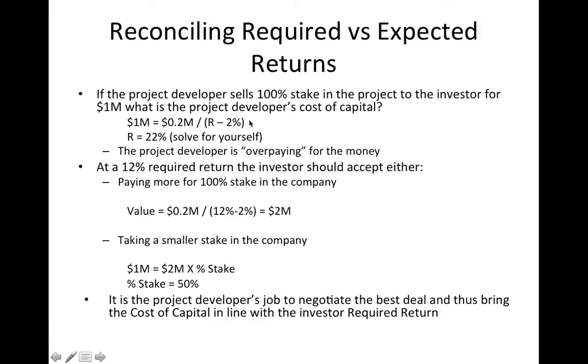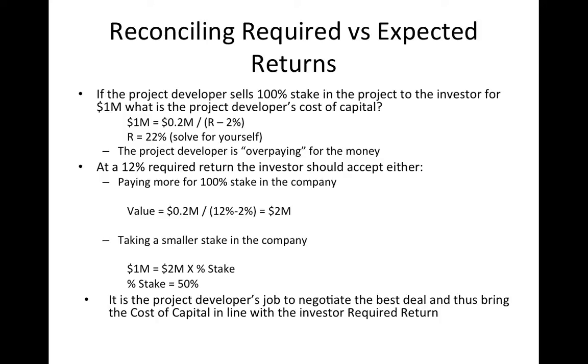This is just our perpetuity formula. And again, you can solve this for yourself, but that works out to a 22% return. Now, put that in perspective. If that is the return to an investor for a $1 million investment, then that means that the developer has a 22% cost of capital. Okay?